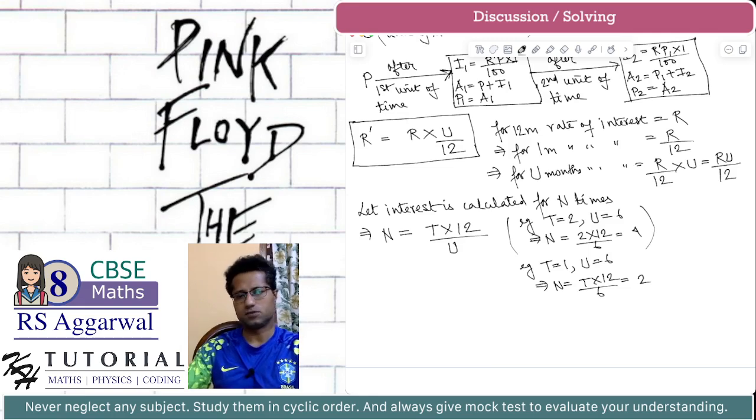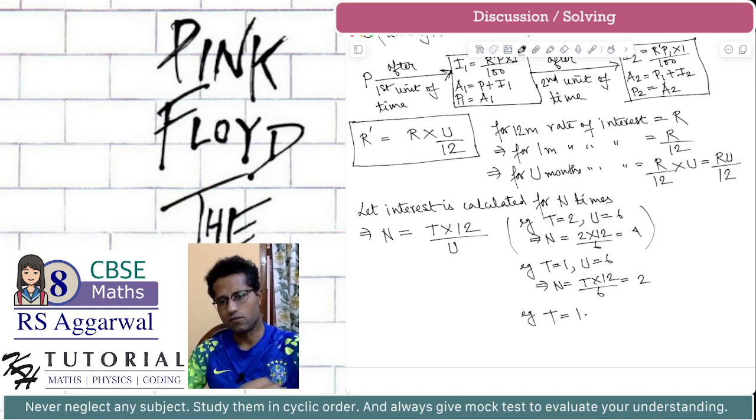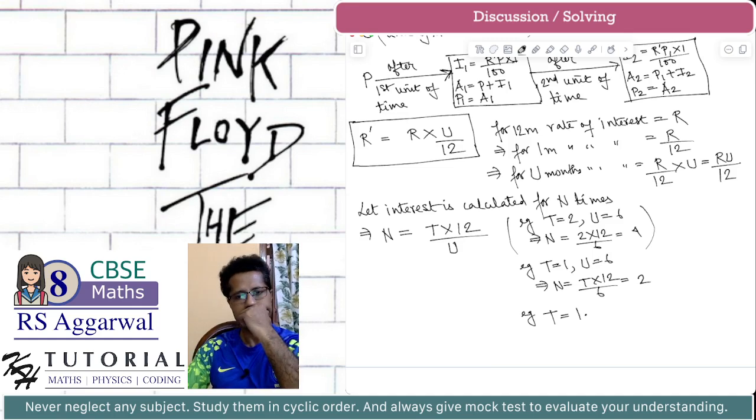Some other example could be, let's say T is equal to 1 year 6 months, and let's say U is 6. 6 means 6 months.